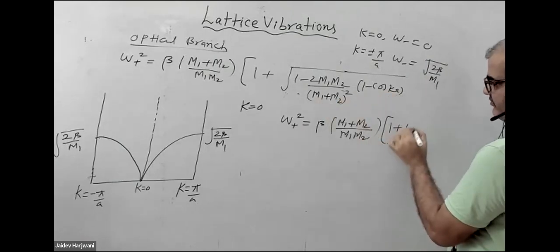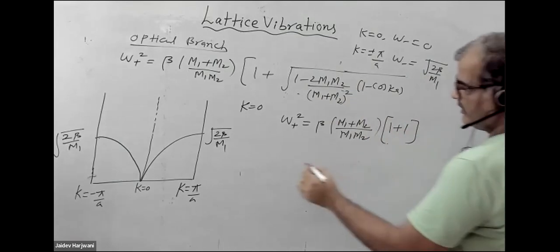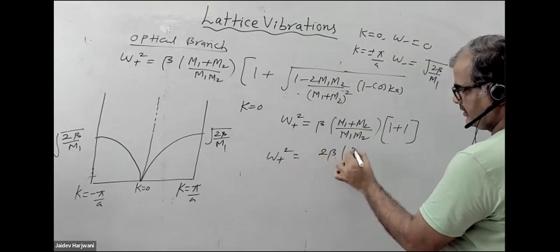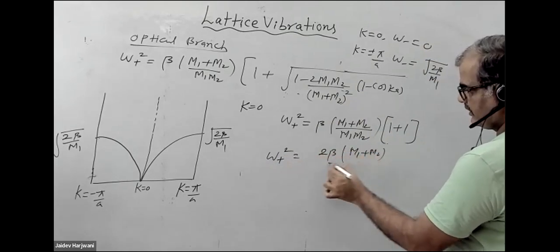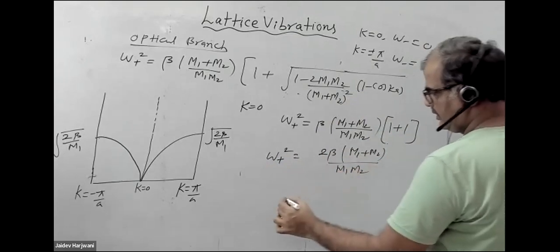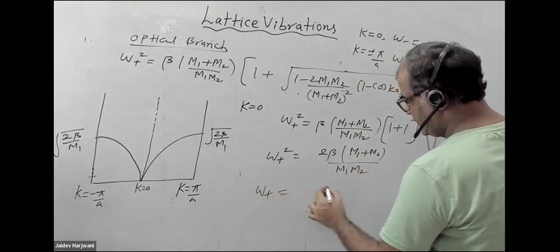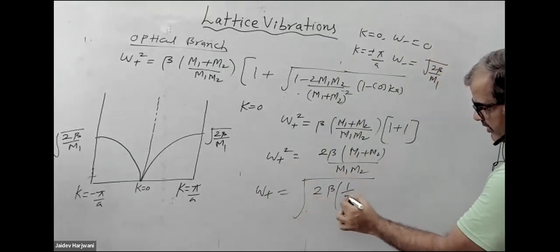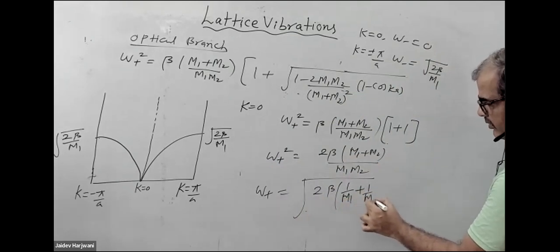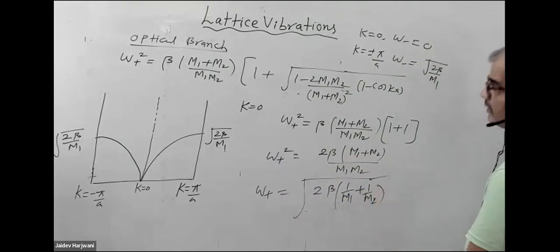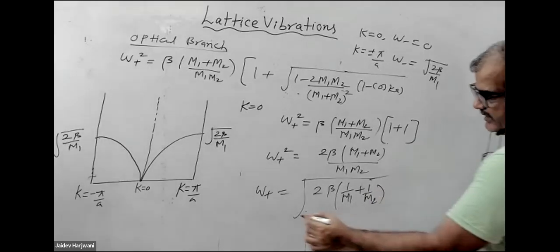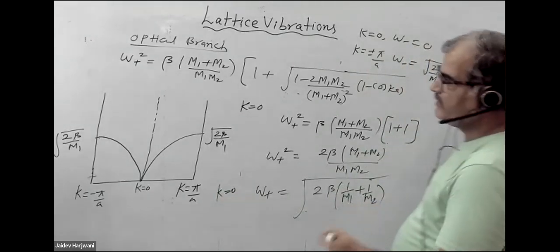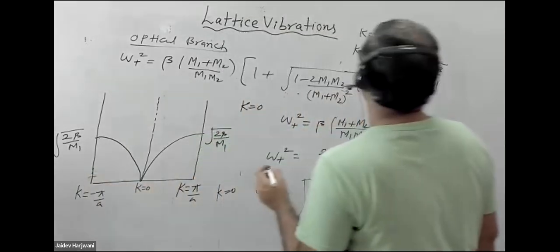So this 1 will come out, and you'll get omega plus square equal to 2 beta (m1 plus m2) upon m1 m2. Or you can write omega plus equal to under root 2 beta, that you can write (1 upon m1 plus 1 upon m2). So this is at k equal to 0, the optical branch. Let me write that this value is at k tends to 0.